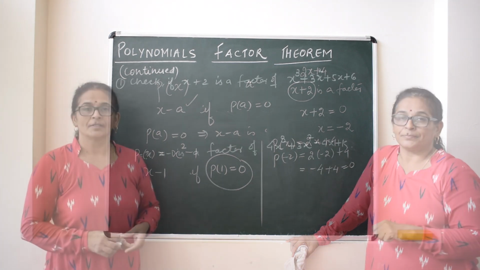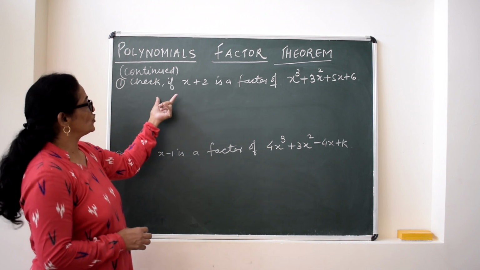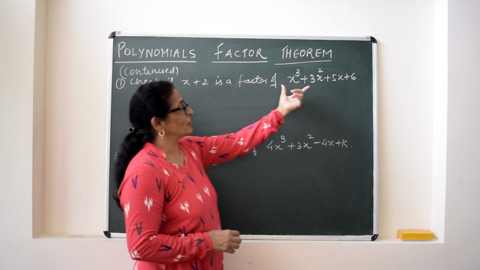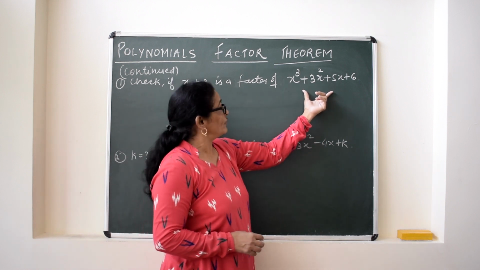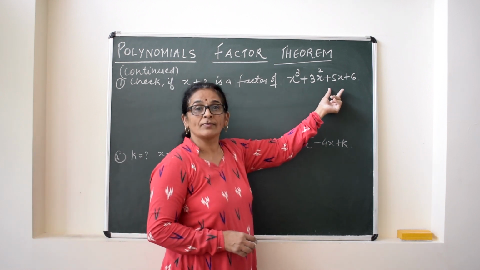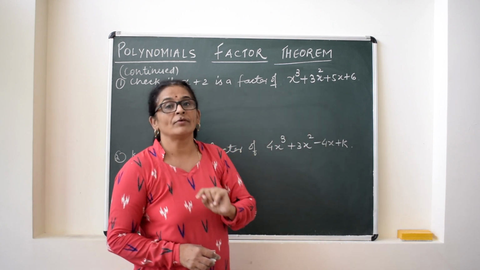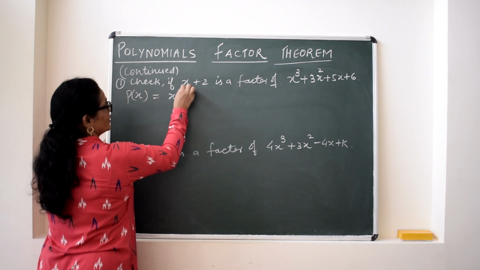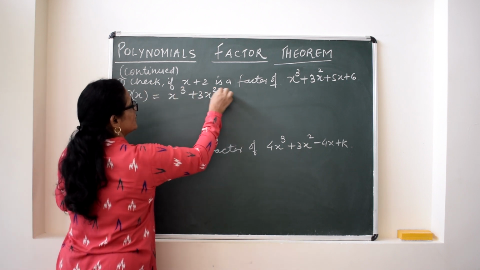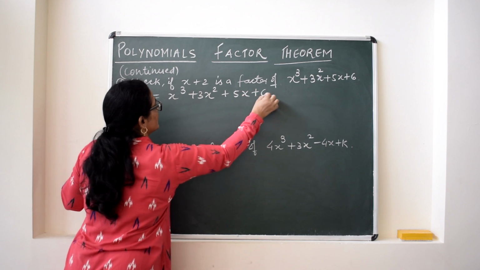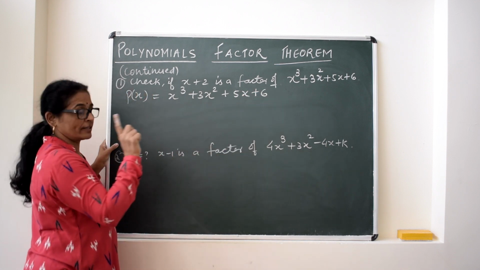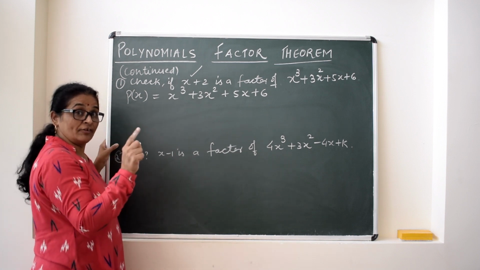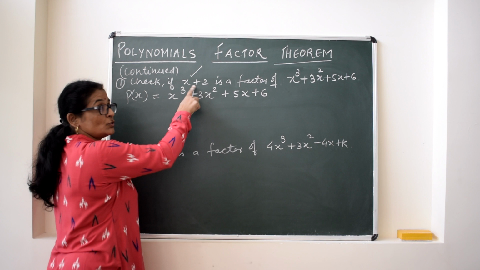By using the factor theorem, we will check whether x plus 2 is a factor of p of x, where p of x is x cube plus 3x square plus 5x plus 6. So here p of x is x cube plus 3x square plus 5x plus 6, and we have to check whether x plus 2 is a factor. It will only be a factor if p of minus 2 is 0.